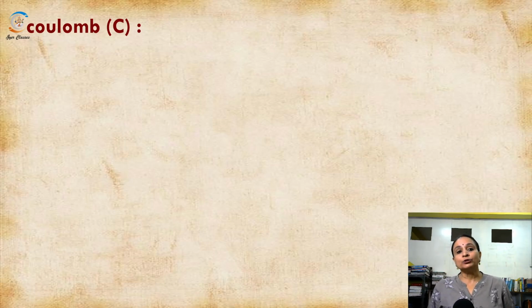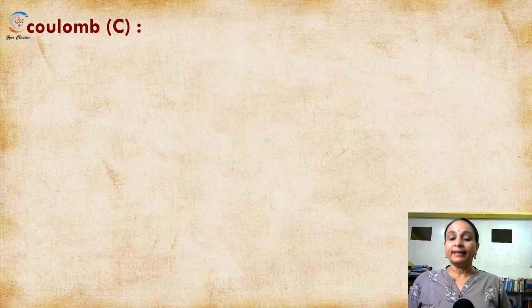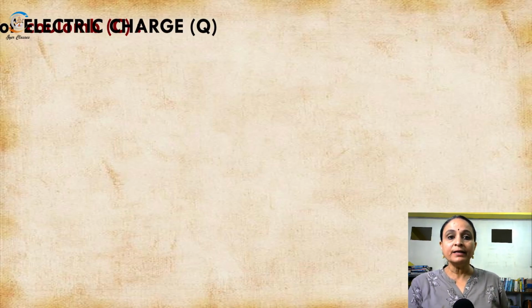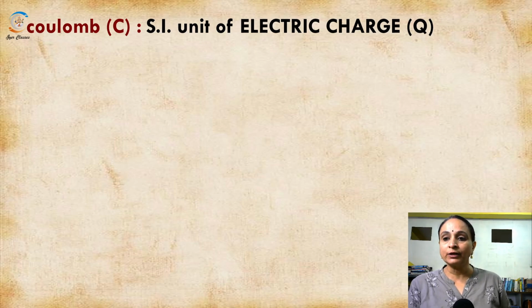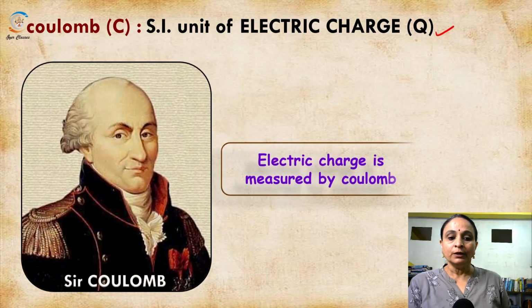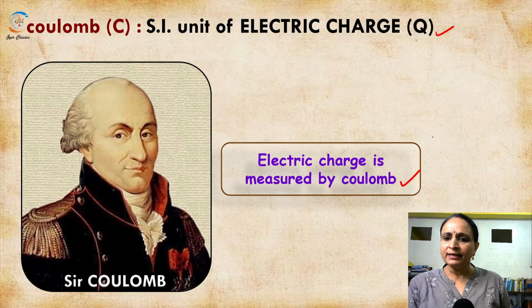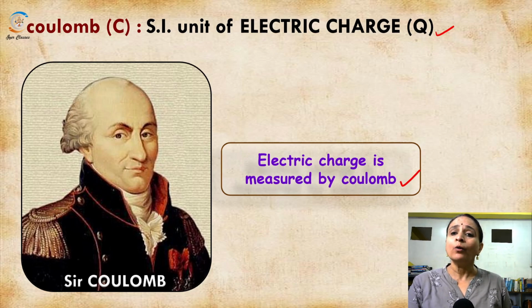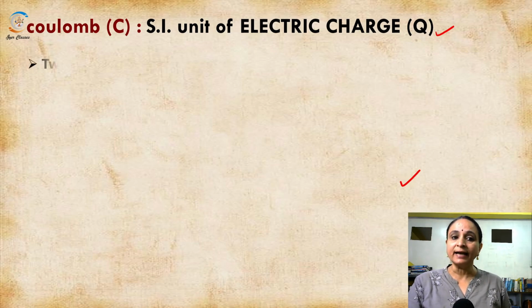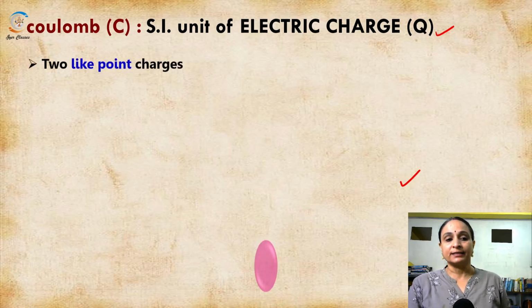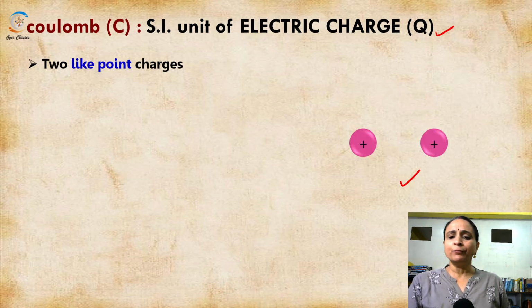Now let us talk about the units used in electricity. The first is coulomb. Coulomb is the unit of electrical charge, right? It is given in honor of the great scientist Christopher Coulomb, and charge is measured in coulombs. Now, you would like to know what exactly you mean by 1 coulomb of charge. To understand this, let us take 2 point charges, both positive and of equal magnitude.